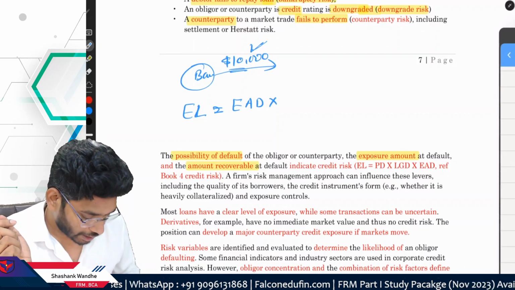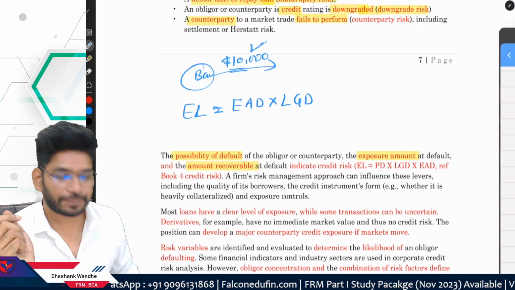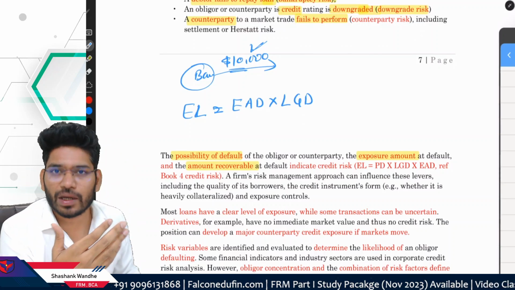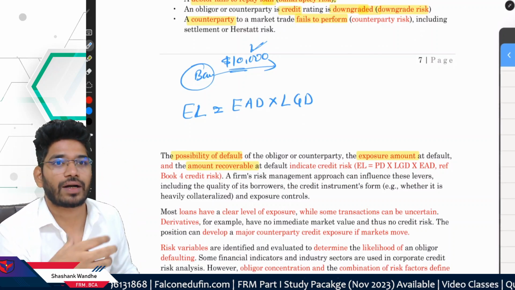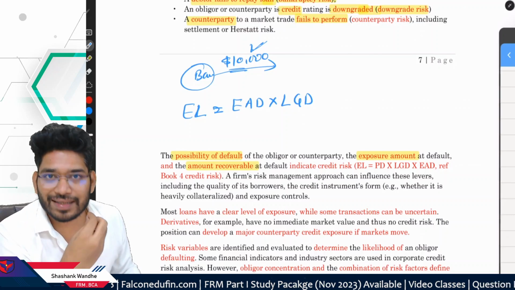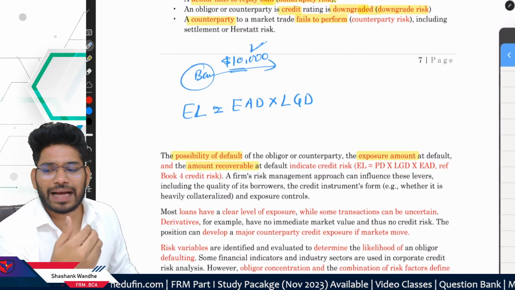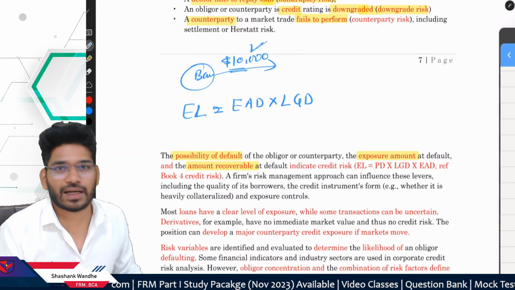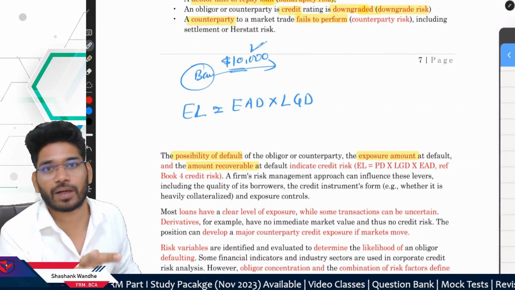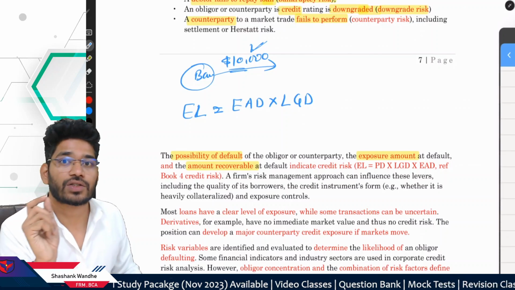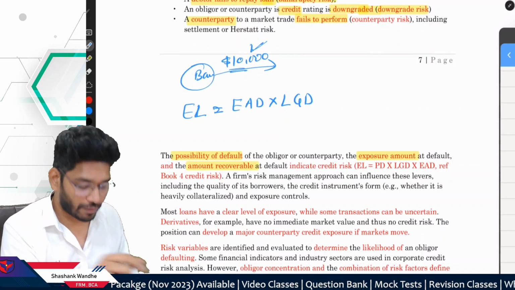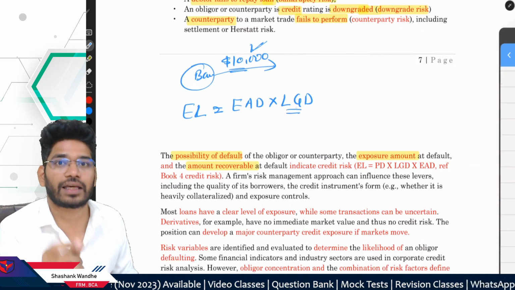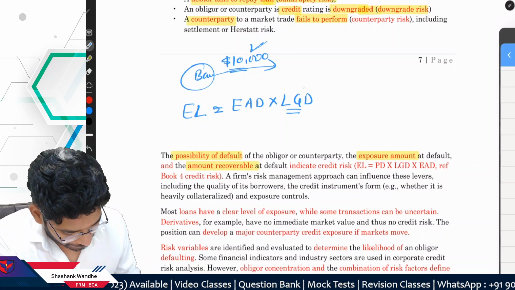Multiplied by loss given default. Obviously, if a particular counterparty defaults, it is not that the bank won't be able to recover even a single penny. Maybe the bank expects that 50% of the amount will be recovered, but 50% will be lost in this particular case. This amount lost in case of default is known as the loss given default, LGD.